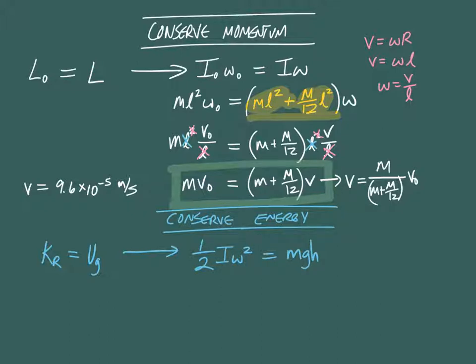Now, h is going to be an interesting thing to calculate because we're dealing with a rod, of some length, going through some angle. Well, this is our height that we're talking about, or that would be the height in the energy formula.